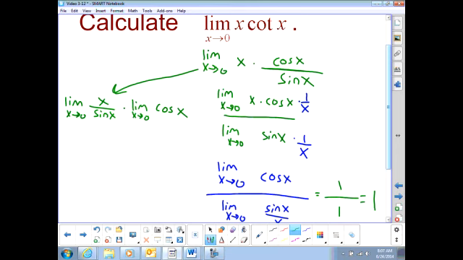Well, if the limit as x approaches 0 of sine x over x is 1, because 1's reciprocal is just itself, the limit as x approaches 0 of x over sine x must also be 1. And again, that's only because 1 is its own reciprocal. And then we just saw a second ago we could do direct substitution with that right-hand limit, so therefore this would give us 1 as well. That's a second way we could have approached this.